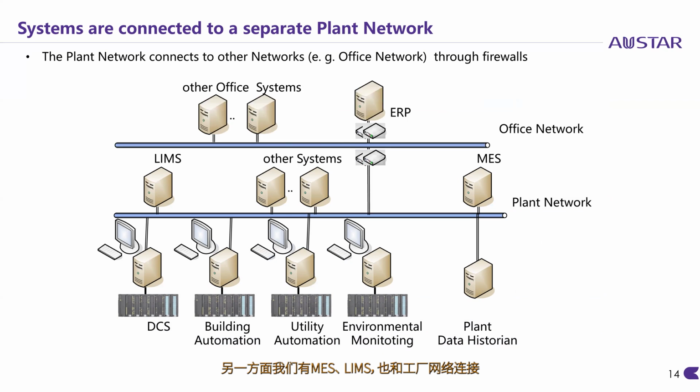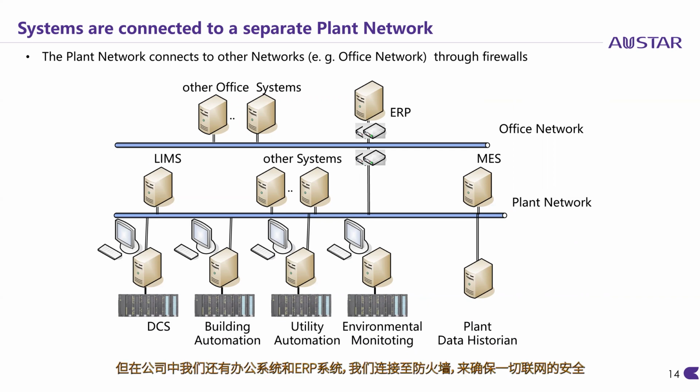On the other hand, we have systems like MES and LIMS, which are also normally connected to the plant network. But in our factories, we also have an office network and enterprise systems. We connect these systems through so-called firewalls, where we can exactly control the traffic, so we can guarantee secure operation even if everything is connected.